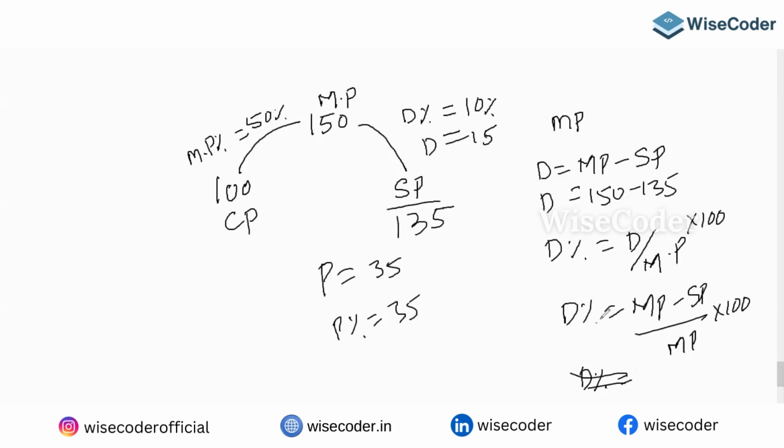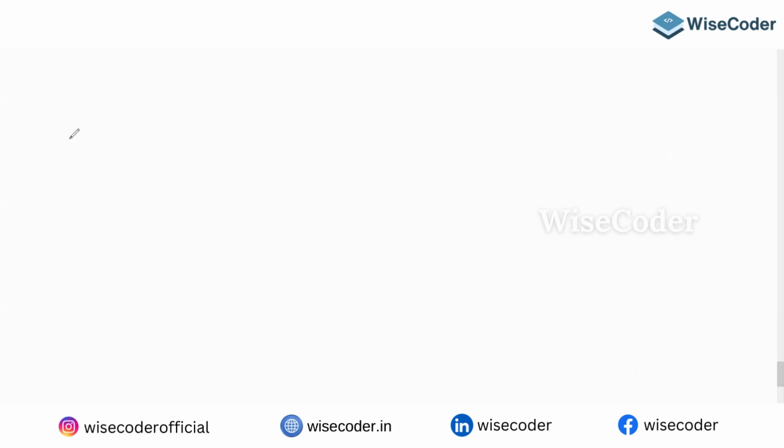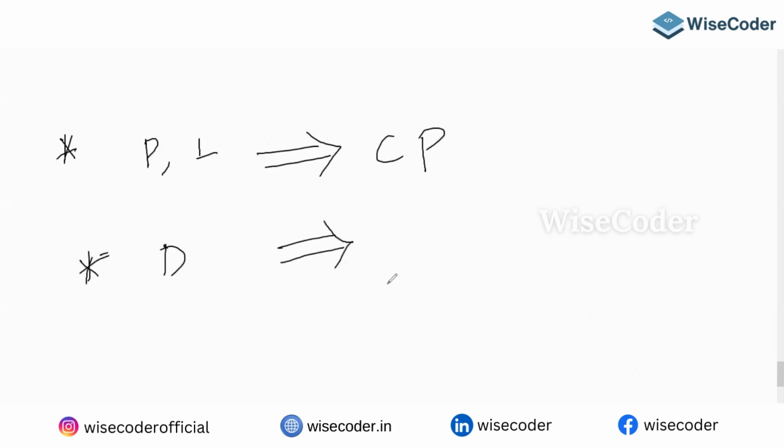Discount percentage is market price minus selling price by market price into 100. If you want to be good in profit and loss, two points are very important: profit and loss are always calculated only on cost price, and discount is always calculated only on market price. If you know these two things, you can do wonders in profit and loss.